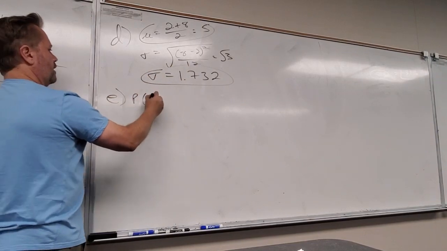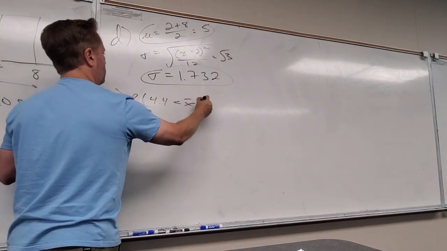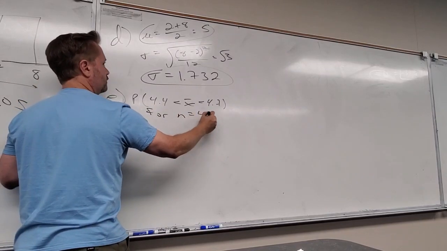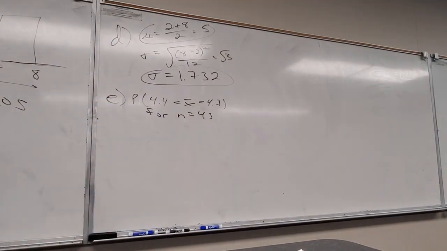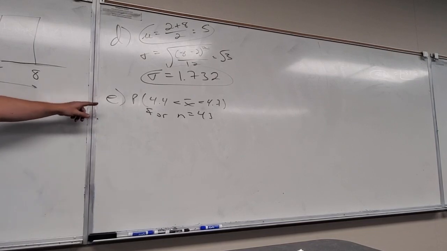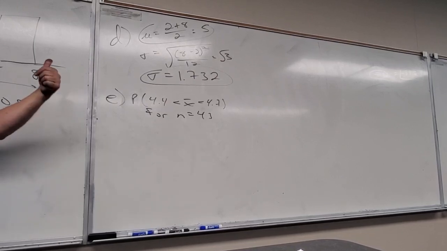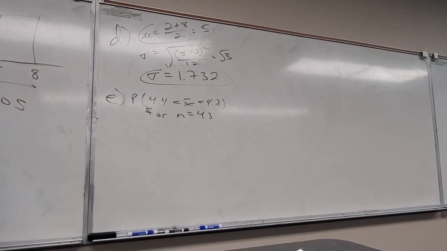Look at part E now. Find the probability that X bar is between those for a sample of size 43. Now, two things just happened. Did I take a sample? Yes. Am I asking about the sample mean? Yes. Is n greater than some specific number? Yes. So what kind of distribution is part E using now? Normal, correct?